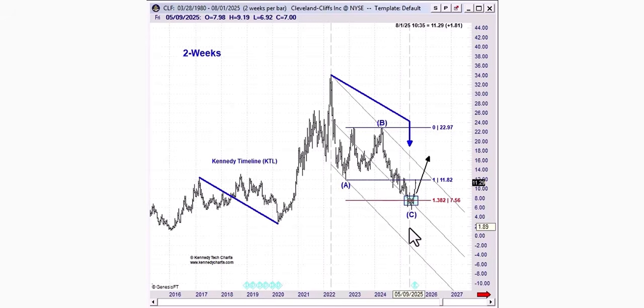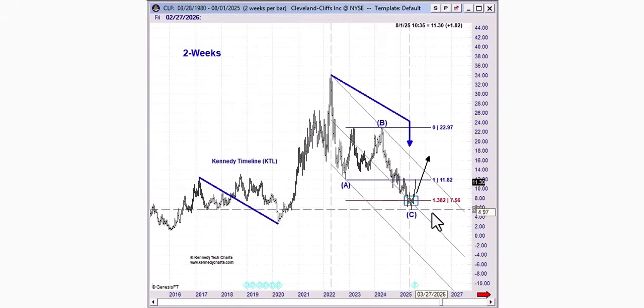And since then, we've seen prices do really well. In fact, this year's lows thus far in Cleveland Cliffs was right there at 563. Well, you can clearly see where we're trading right now. That's 1130. So we've doubled in price. And again, what the KTL technique did is it narrowed our focus.